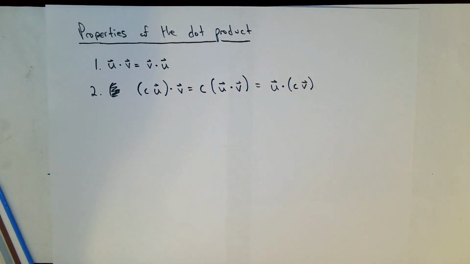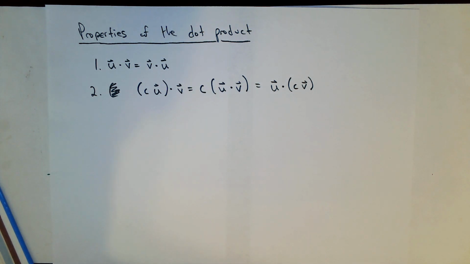Essentially, this tells us 2 things at once. You can reorder the scalar and the dot product basically in any order you want.